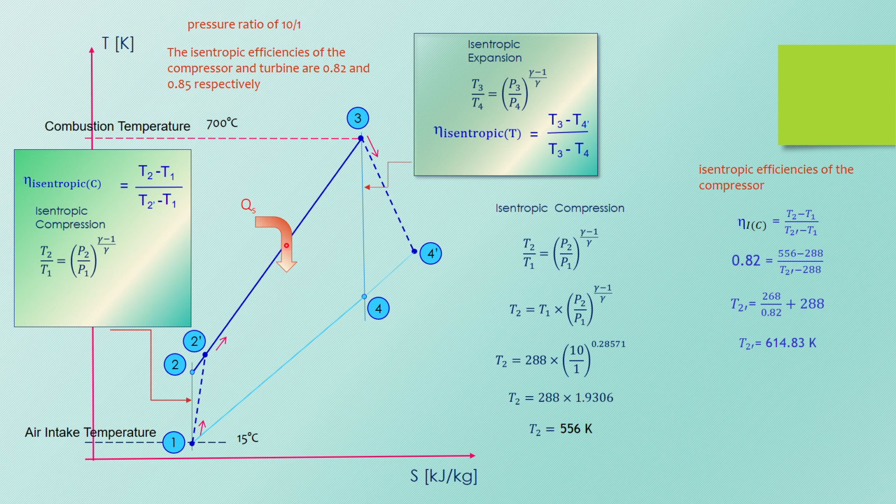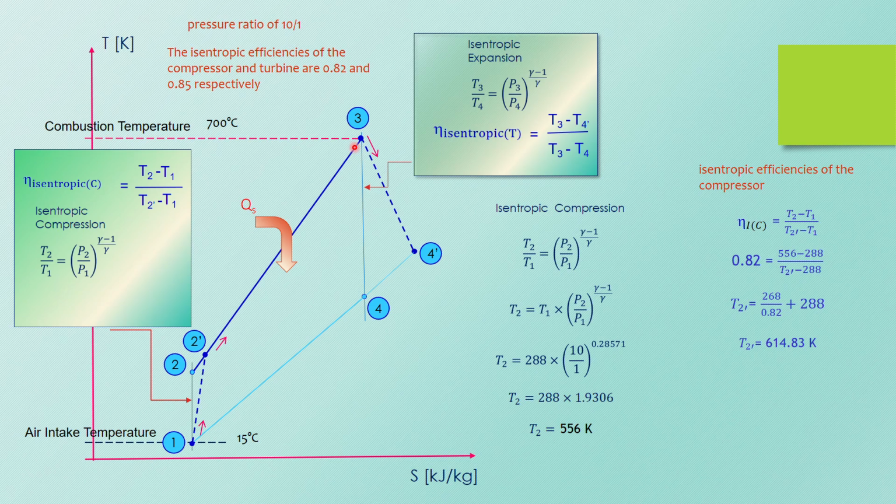That means the pressure at any point on this pressure line is 10 times the pressure of any point on this line. So if, let's say, the pressure at points 4, 4 prime, and 1 is 1.01 bar, then points 2, 2 prime, and 3 would have a pressure of how much, if it is 10 times?